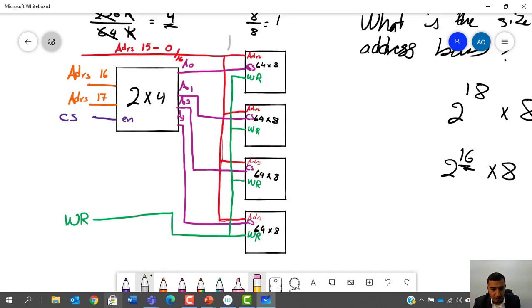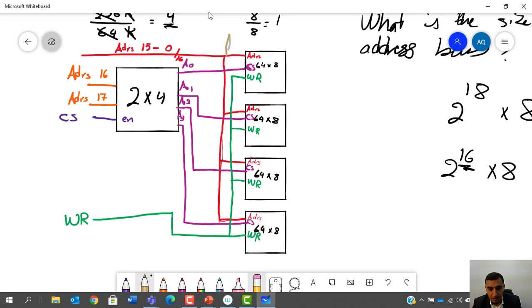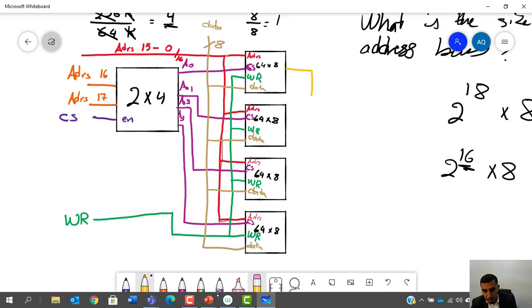Data will be this. The size of data is 8, and finally we have the out line, which is, let's give it a color of yellow. This is our out.